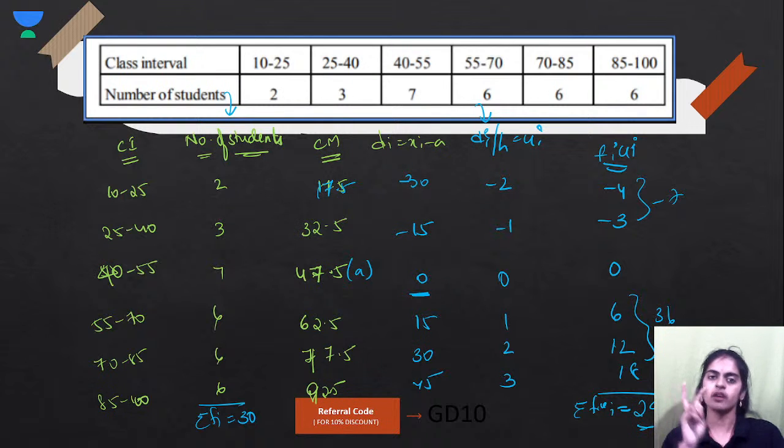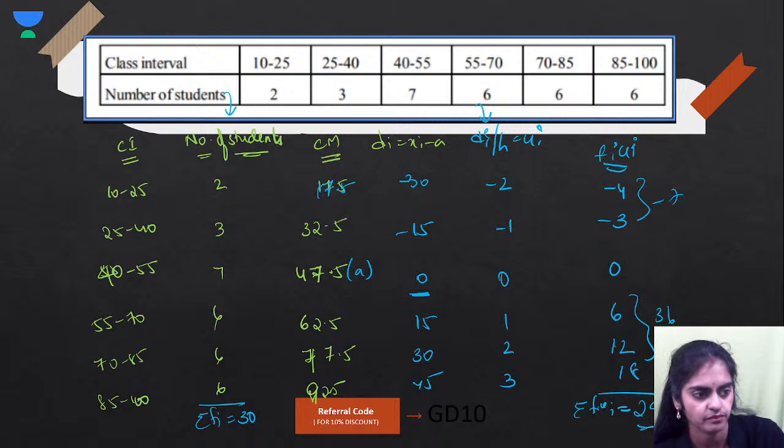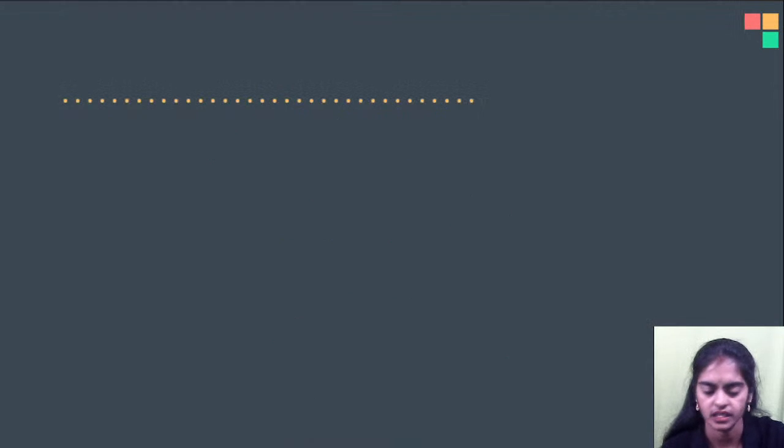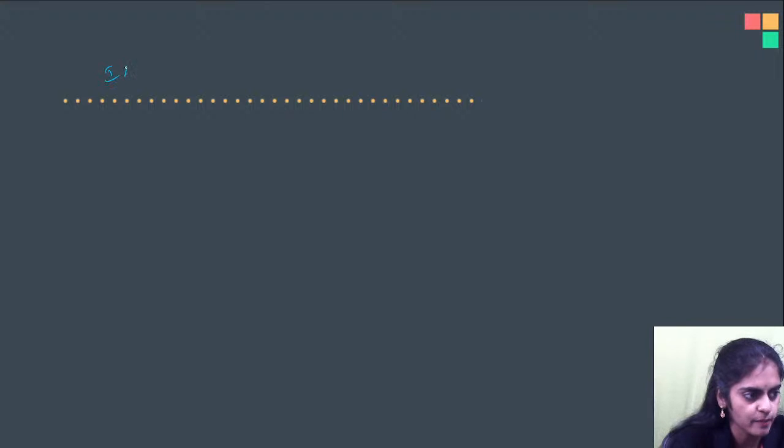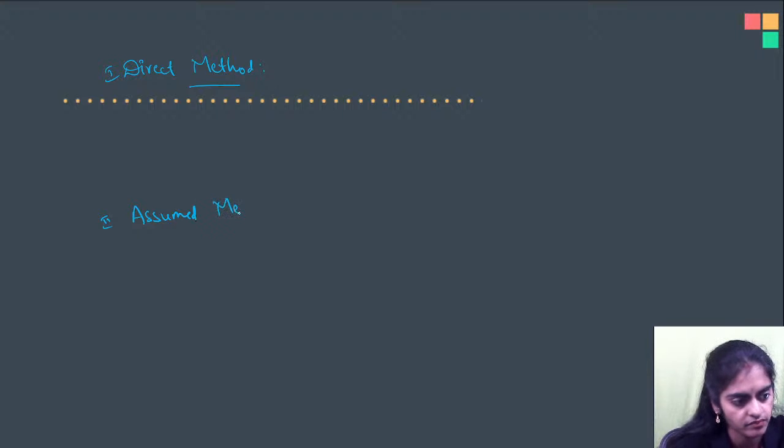So step deviation, you have only two columns, beta. Let me show you here. See, first is direct method. Next is assumed mean method. Let's summarize quickly.